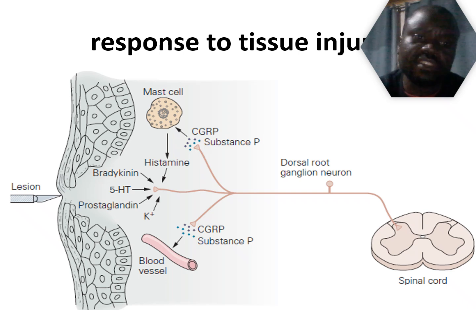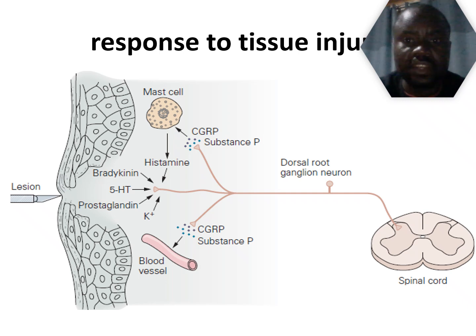When the free nerve endings are stimulated by potassium and serotonin, they also release, through what is called axonal reflex, substance P as well as calcitonin gene-related peptide, CGRP. These two will stimulate local connective tissue cells called mast cells to release their contents. What mast cells contain is a substance you already know called histamine.